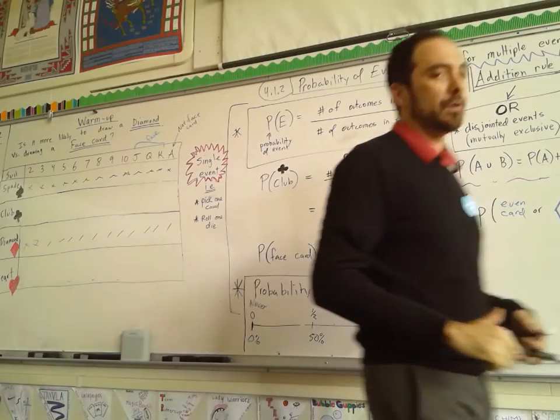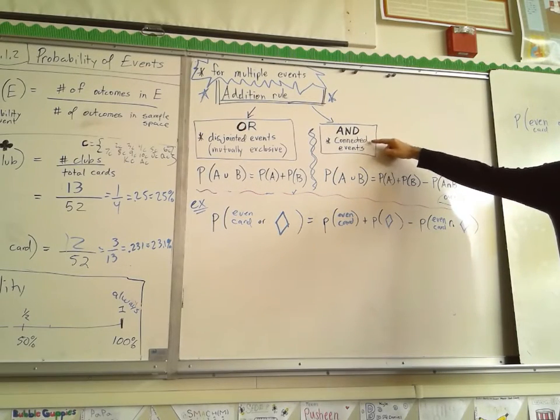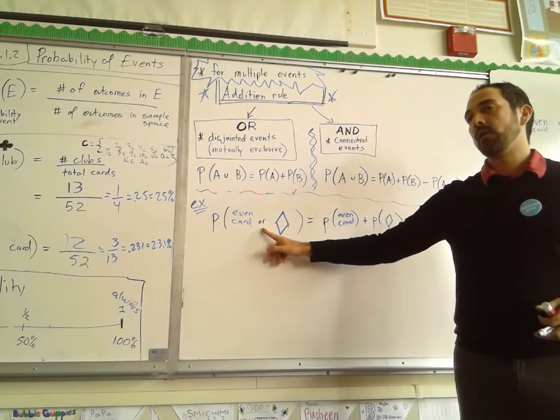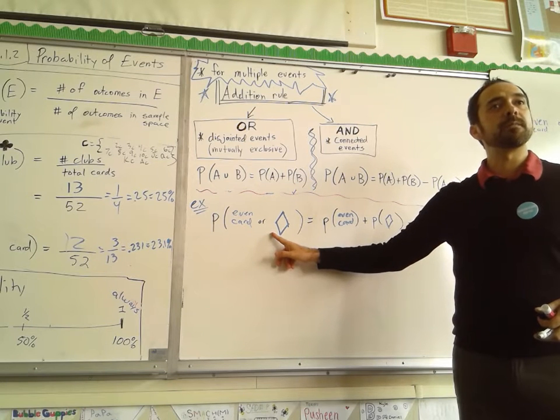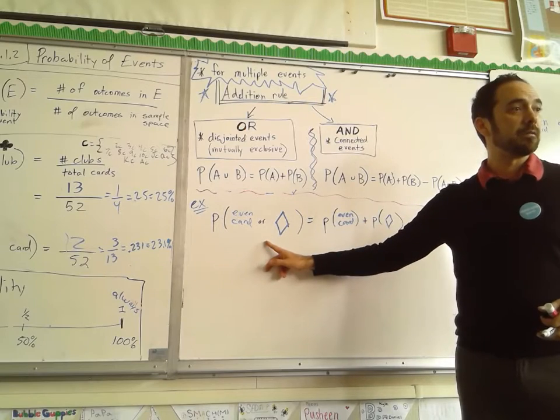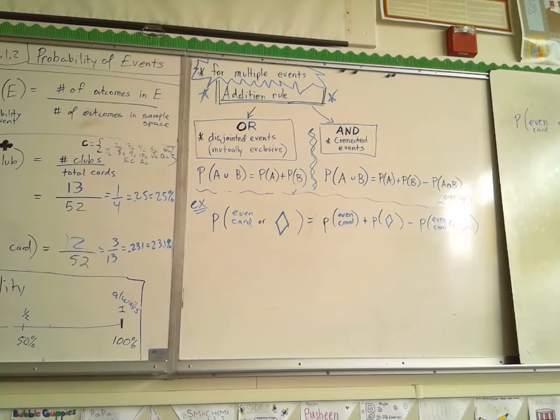Going back over here, the next little step is when we have connected events. My connected event in the example problem is an even card or a diamond. Is that going to have some that have things in common? Think about that. We have even numbers: 2, 2, 2, 2, 4, 4, 4, 4.